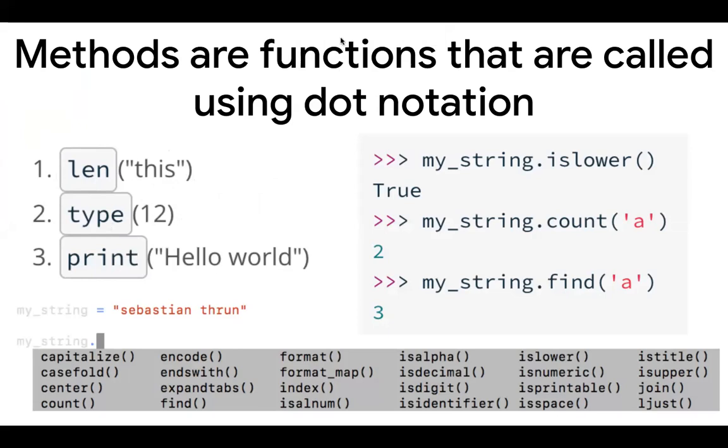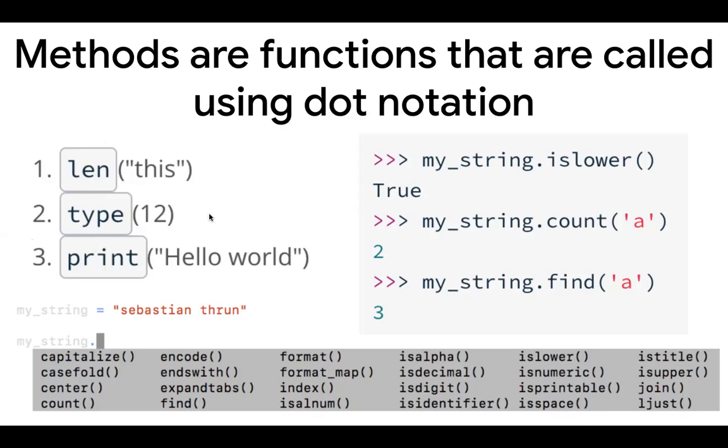Then type 12. Integer, okay. And the last one, print hello world. What will be the result? Yeah, hello world. So all 3 are standard functions that get the parameter here, and they give us the result, yes.